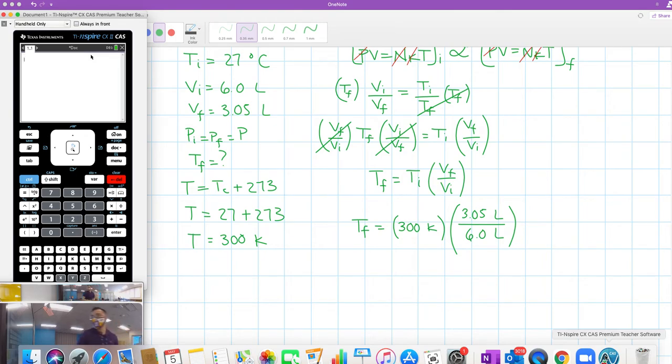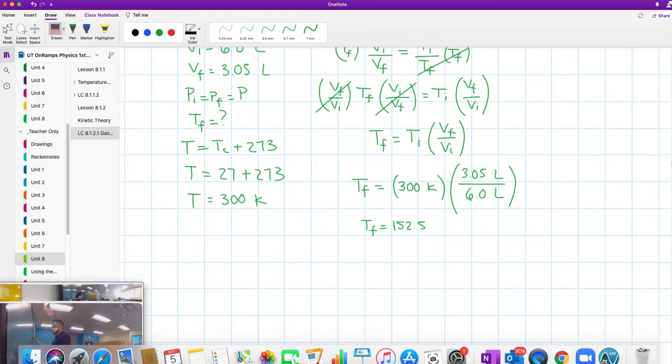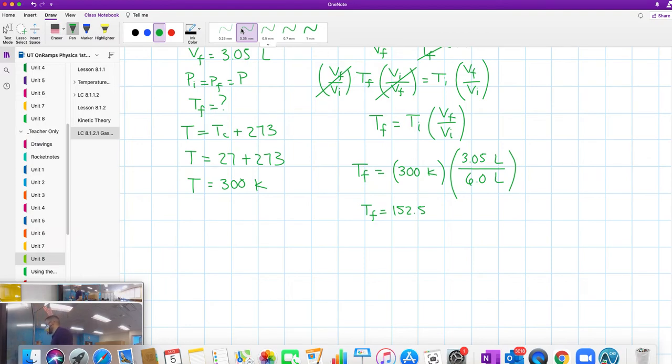So let's do that real quick. 300 times 3.05 divided by 6, 152.5 Kelvin. So final temperature, 152.5 Kelvin. We're not done. Now we have to convert to Fahrenheit. You can do it directly, but my suggestion is convert to Celsius and then to Fahrenheit.